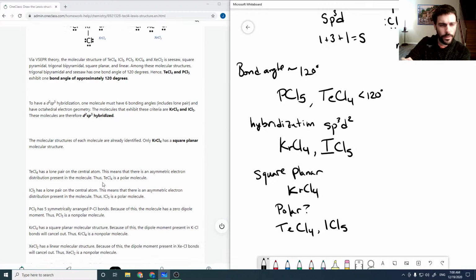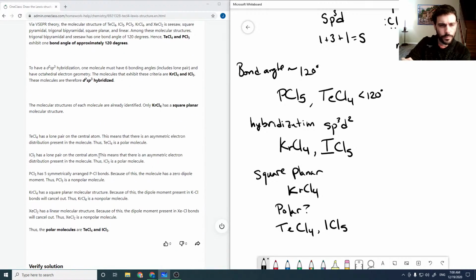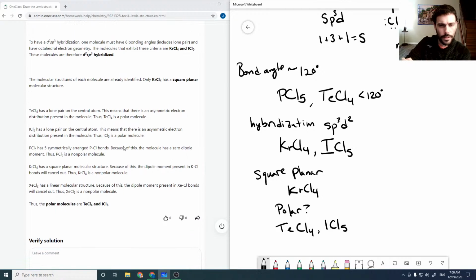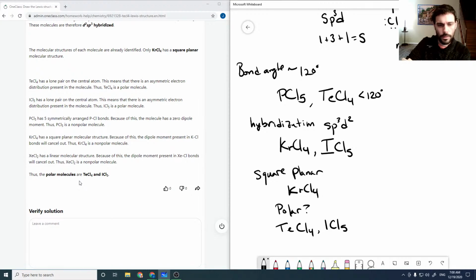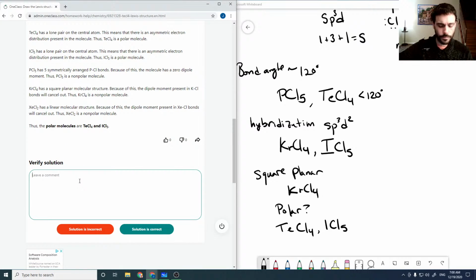KrCl4 has a square planar structure. TeCl4 is polar, ICl5 is polar, while PCl5 is non. KrCl4 is nonpolar, and XeCl2. So the only polars are these two, so that looks good. Let's say this is correct.